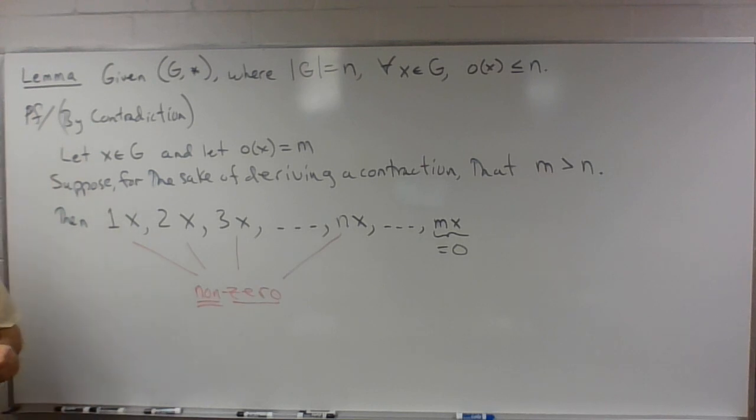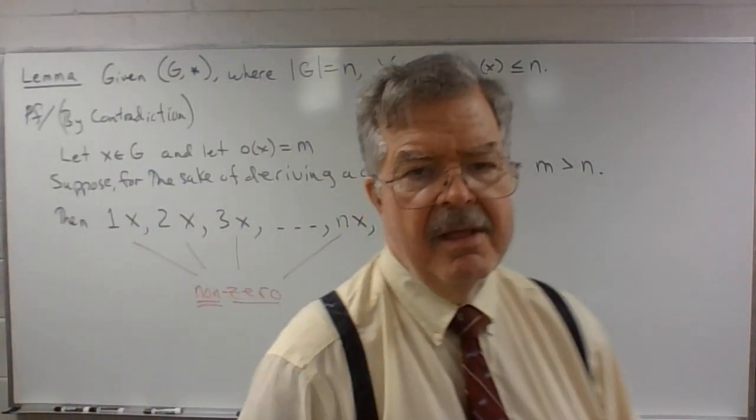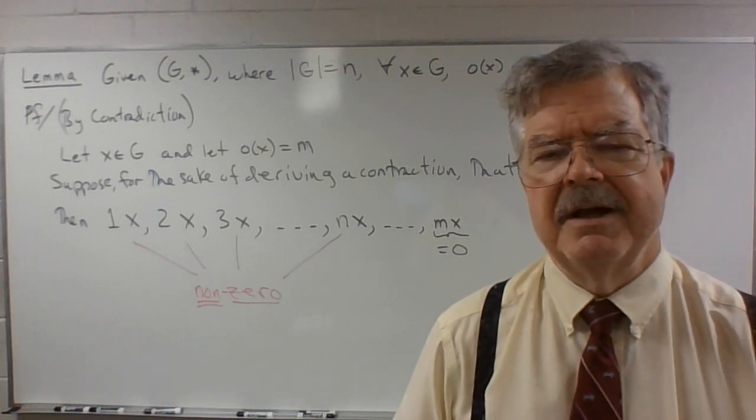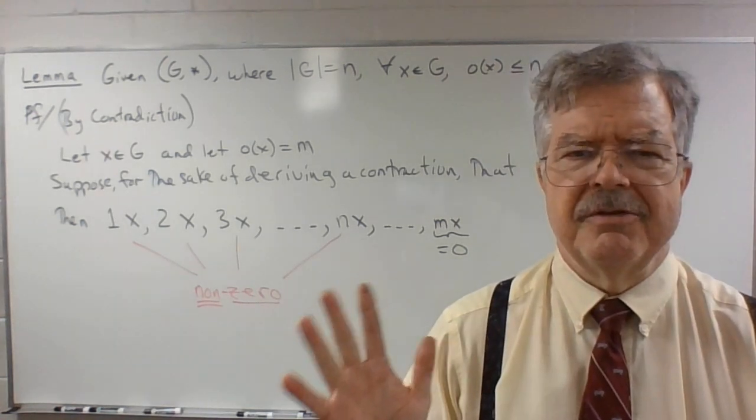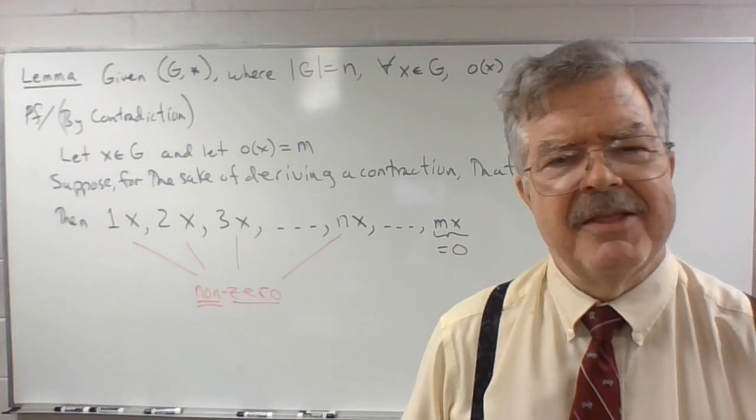They're not equal to the identity. Well, okay, so far so good, I guess. But this is a proof by contradiction, and the you-know-what is supposed to hit the fan sooner or later. Let's see how that happens.